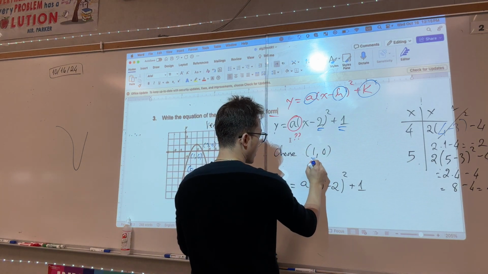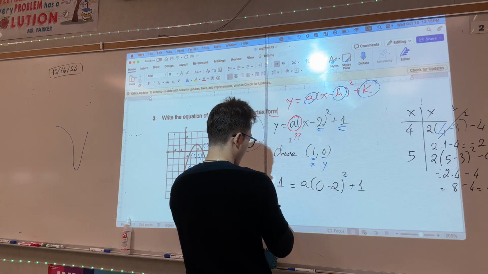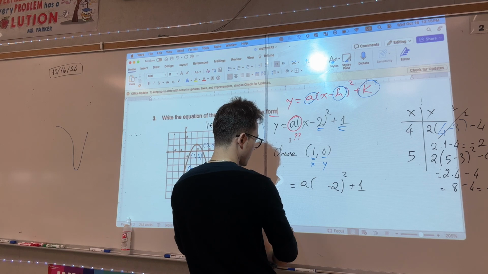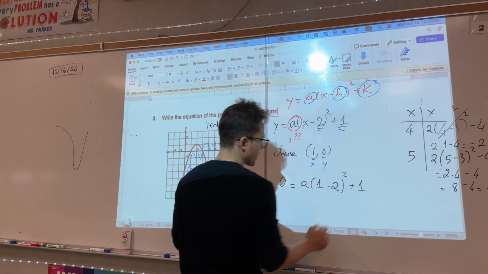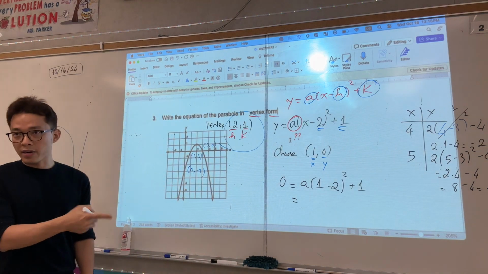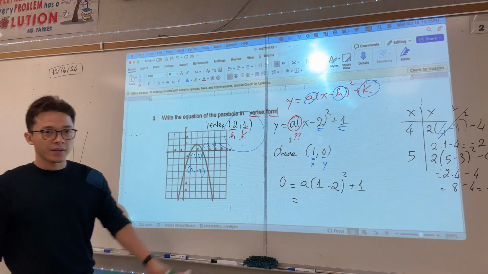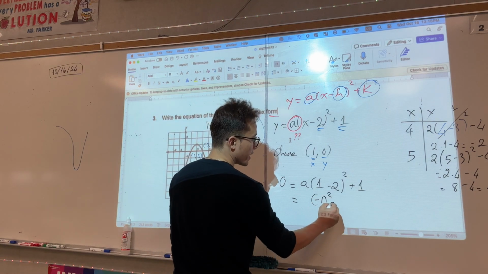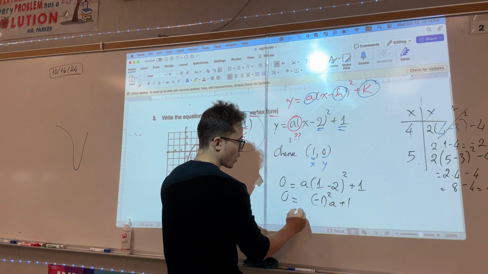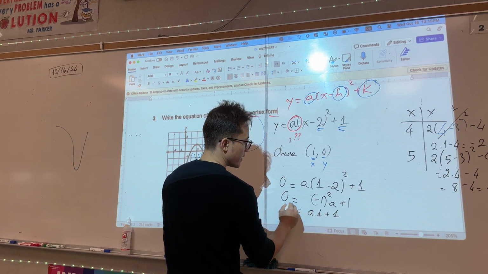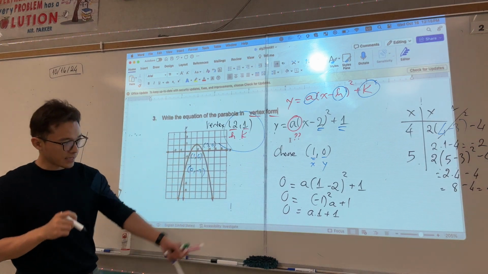Okay, so x is 1, y is 0. So you need one here. Okay, good. So you can solve for this, right? One equation, one variable, you can solve for it. 1 minus 2 is negative 1. Negative 1 squared is 1. So, oh, I saw this one too. Yeah, in the class, I saw this one too.